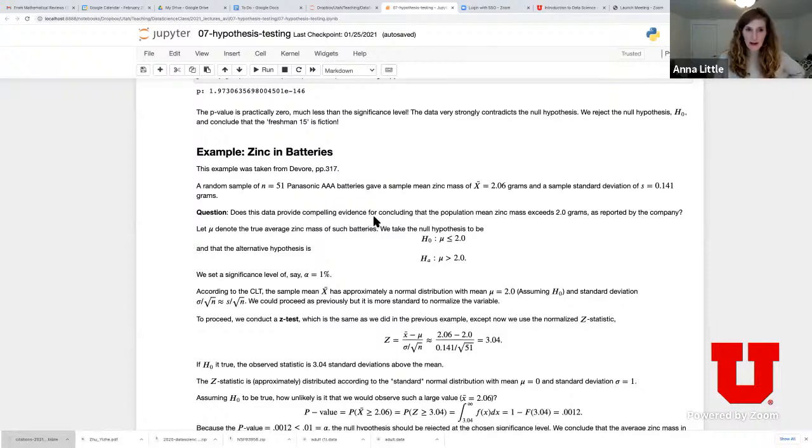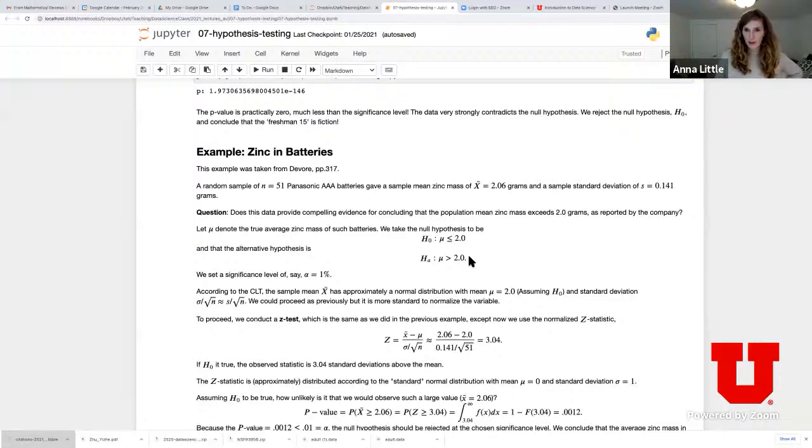So we want to know, does this data provide compelling evidence for concluding that the population mean zinc mass exceeds 2 grams as reported by the company? Okay, so here we're going to take a null hypothesis that mu is less than or equal to 2, and we're going to set our alternate hypothesis to be mu greater than 2.